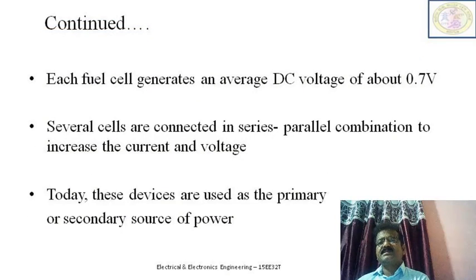Each fuel cell generates an average DC voltage of about 0.7 volt, and several cells are connected in a series parallel combination to increase the current and voltage. Today, these devices are used as a primary or secondary source of power.